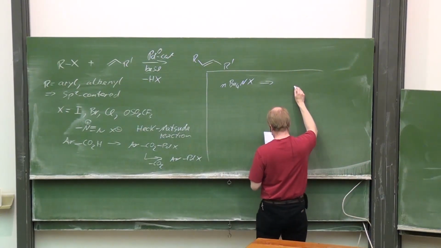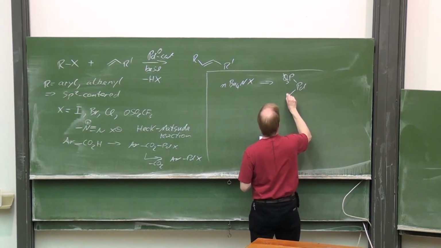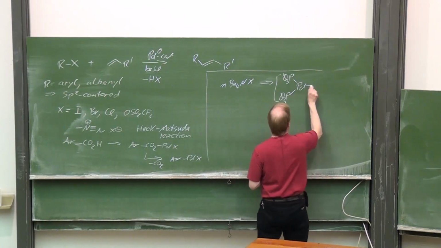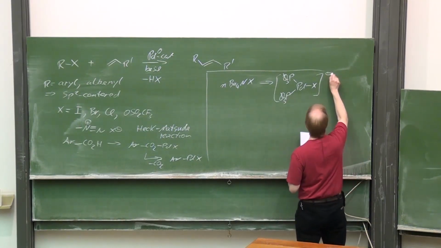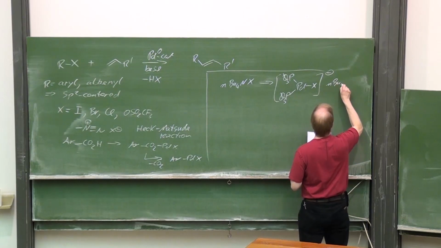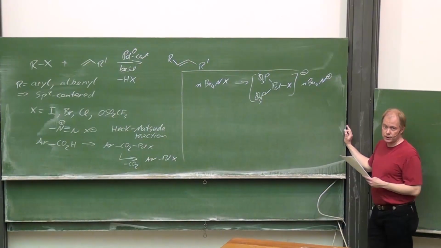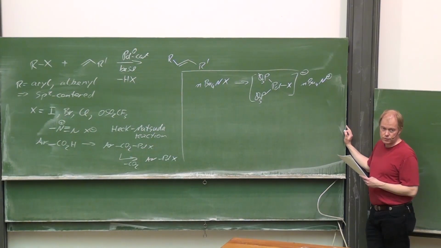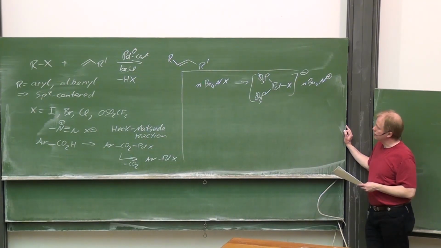The explanation we gave was that we will form anionic complexes which are more nucleophilic, and the oxidative addition process to the carbon leaving group bond will proceed faster. And we also discussed some other advantages.